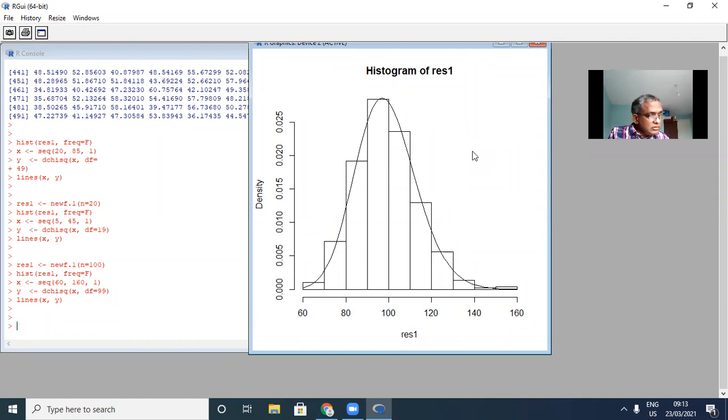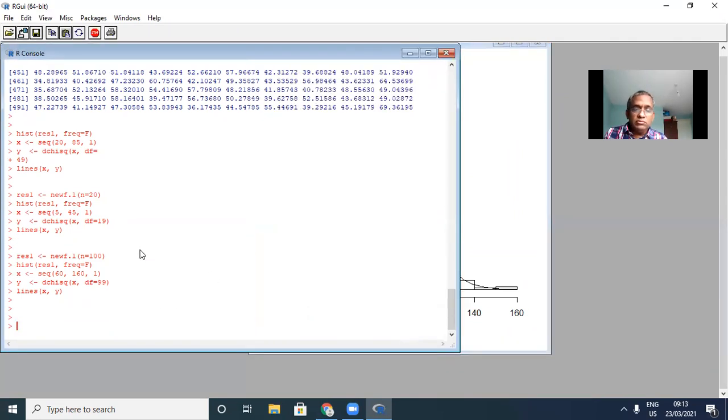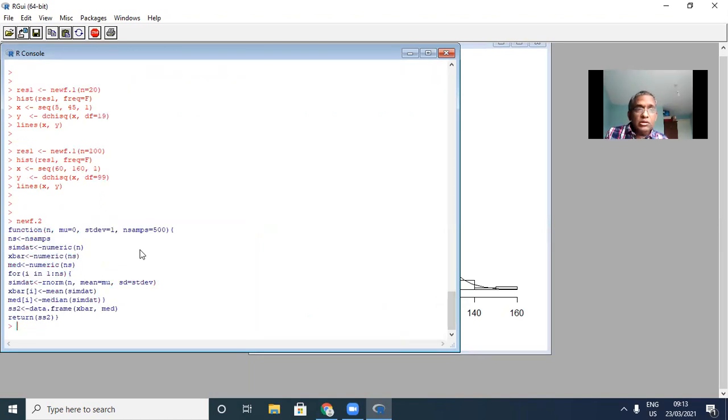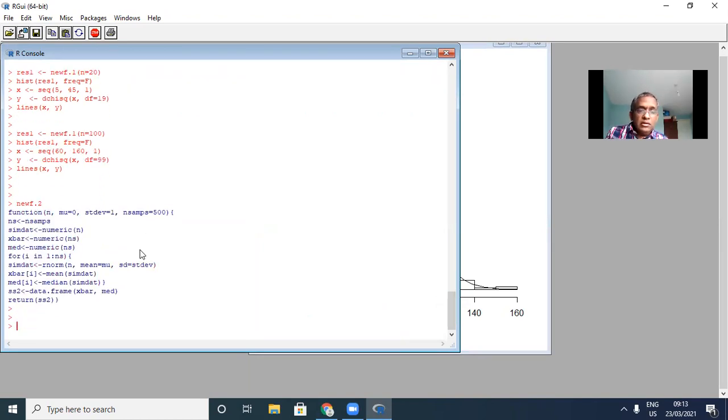All right, so the next section of the tutorial sheet is about the sampling distribution of the sample mean and the sample median. Now, the function I'm going to use for this is called new f dot 2. Let me explain what this function does. It computes two things.